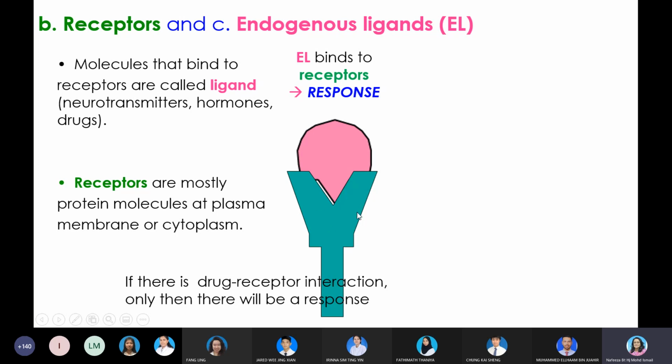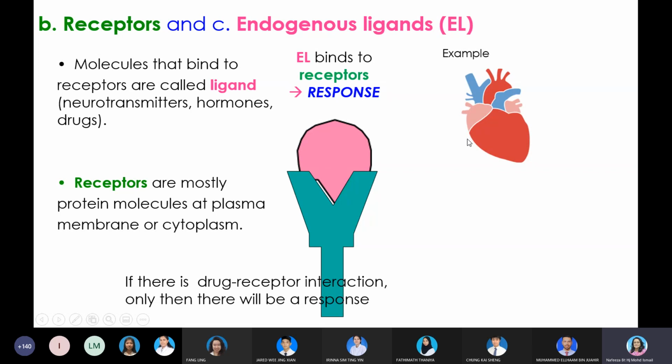That's all it means. When the ligand activates the receptor, we call it drug-receptor or ligand-receptor interaction. Only when there's activation or stimulation is there a response. So that's activation for you.